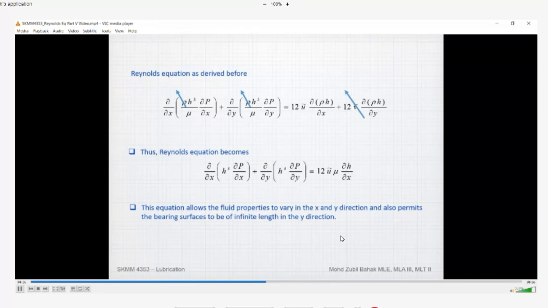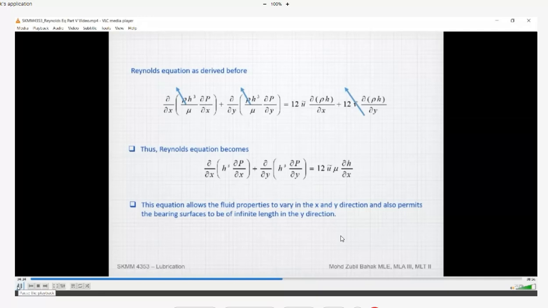And this equation allows the fluid properties to vary in x and y direction and also permits the bearing surface to be of infinite length in y direction. So this equation allows the property to vary in x and y, and at the same time we can make the length in y direction become infinite.